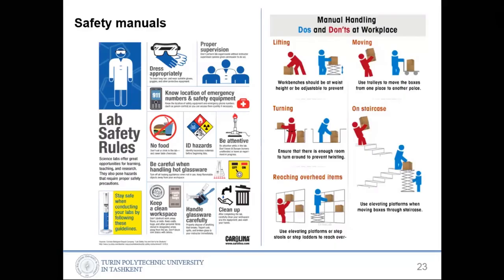For example, here: dress appropriately, gloves and glasses, and if something happens in an emergency, for first aid, just call 911. That kind of thing counts as a safety manual.